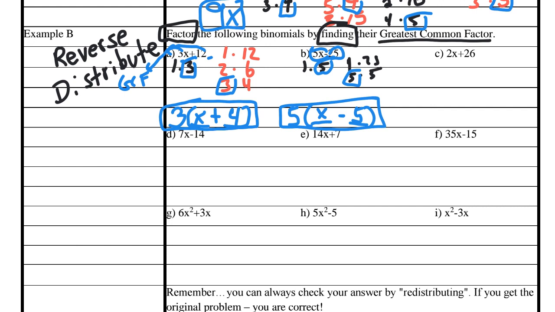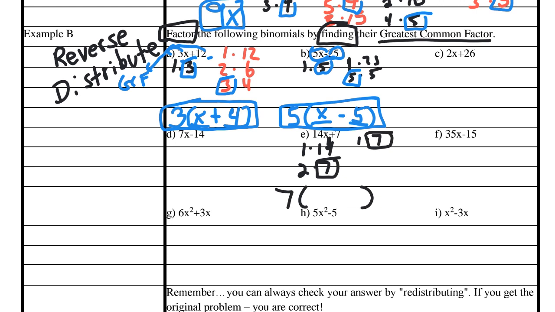Okay, we're going to go ahead and skip a couple of these, and we're going to jump down to letter E. So E, do the same thing, break it down. So 14 is 1 and 14, 2 and 7. Break down 7 as 1 and 7. Okay, find my greatest common factor, 7, put that in front.